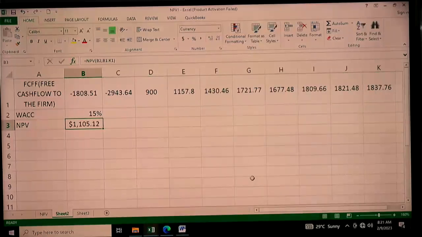So it will give you the net present value of these amounts. So that is working with the net present value.